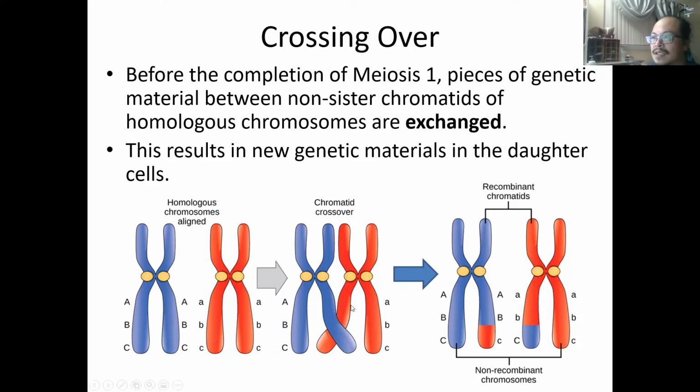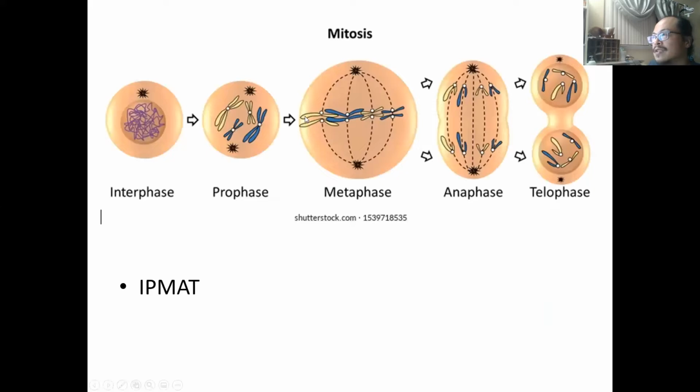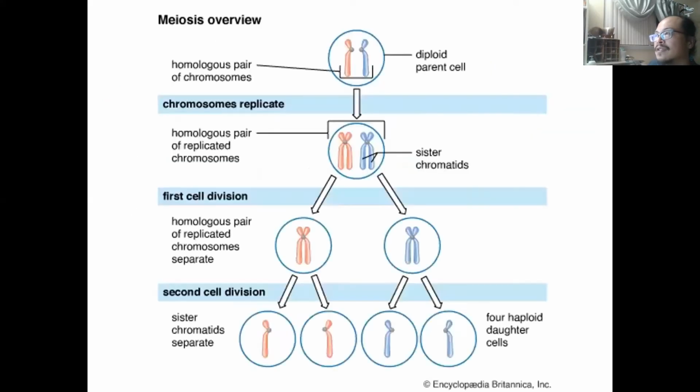We don't see the crossing over during the mitosis because during the mitosis, even if these two crossed over, these two are identical, so they won't cause any difference. But the meiosis is different.